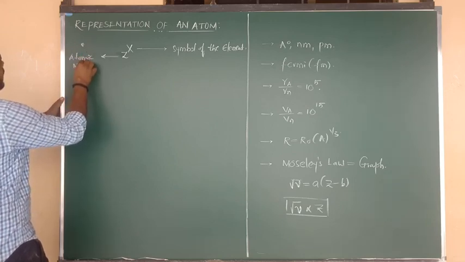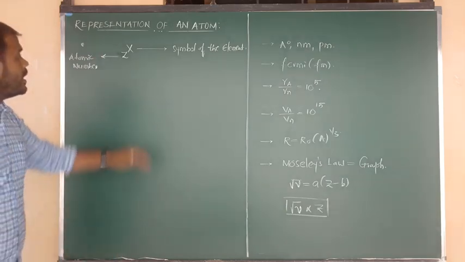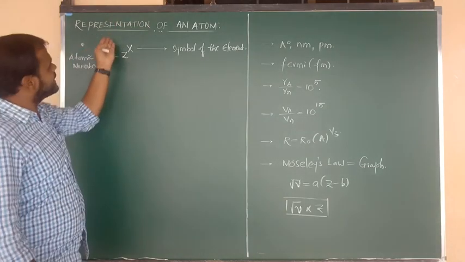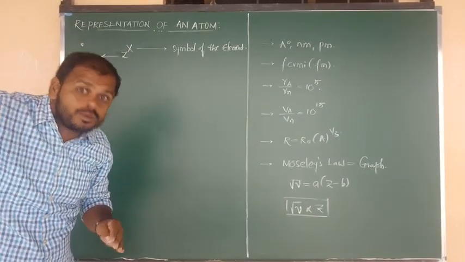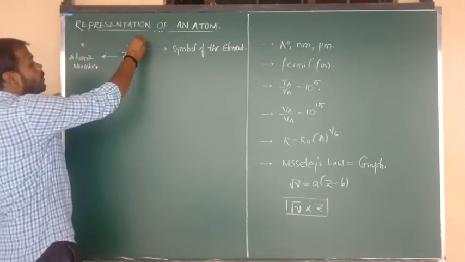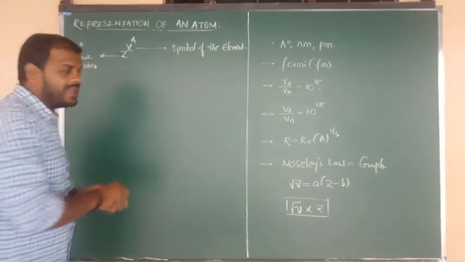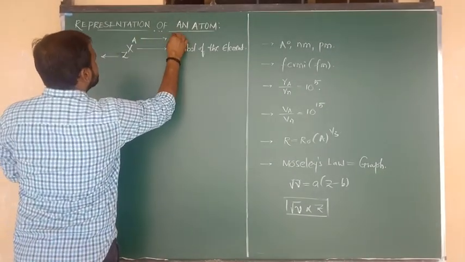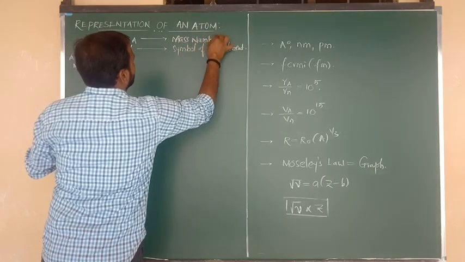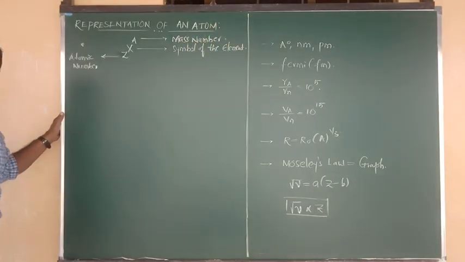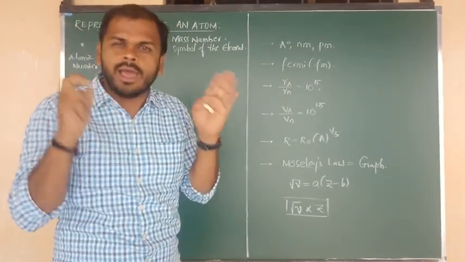Next, at the top of the element, either left side or right side, as you wish, but at the top we have to write the symbol A. A indicates the atomic mass, and also we can say the mass number. So this is your general representation of an element.